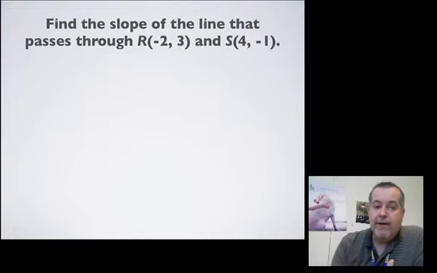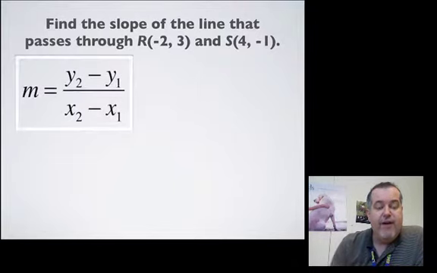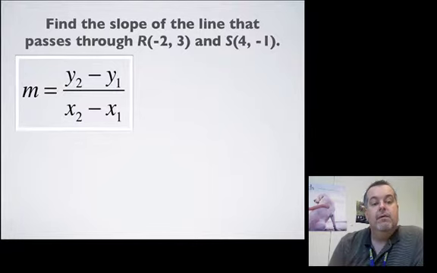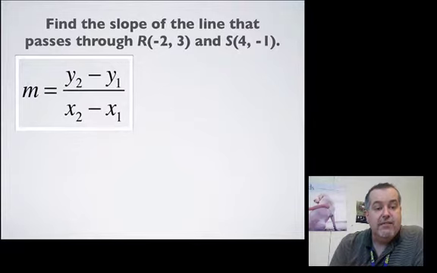We can do this without even using the graph, because we're just going to plug the numbers into our equation. Well, our equation for finding slope is m equals the second instance of y minus the first instance of y, over the second instance of x minus the first instance of x.